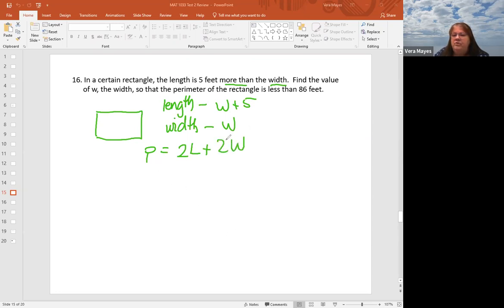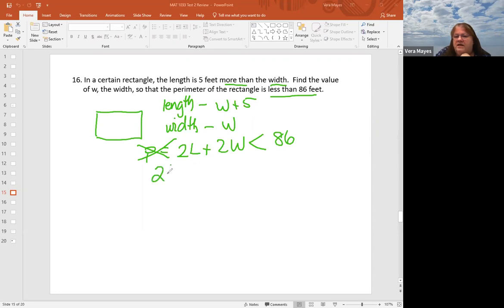And you guys told me the perimeter formula was 2L plus 2W, right? But we don't have something that this is equal to. We are taking this from an equals to a less than 86. So are we okay to there? Yes. Okay. Now, I see two variables, but up here I was able to write the length in terms of the width.